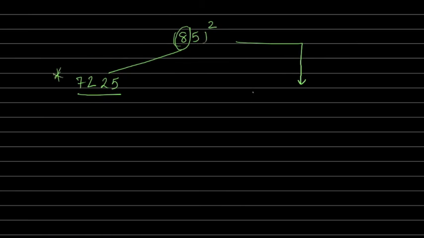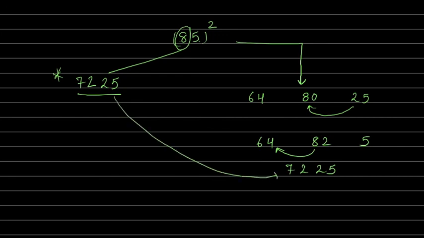Okay, so 8 8s are 64, 5 5s are 25, 8 5s are 40, 40 twos are 80. Now you have to add this 8 here which gives you 6480 25. Add this 8 here, 64 plus 8 will be 72 25. So you see you are getting the same answer by any method.